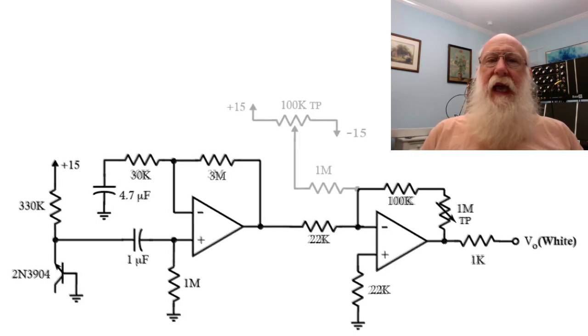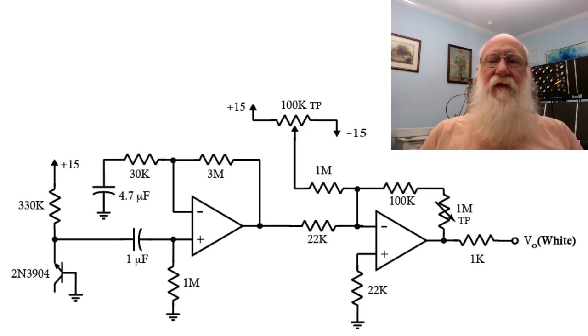So we can simply hang a trimmer from plus 15 to minus 15 and the wiper through a 1 meg into the summing node of the op amp, and that will allow us to trim that DC offset out. It's actually easier to trim this once you have the subsequent circuits where it gets amplified some more and it's easier to see. We'll talk about adjusting it when we talk more about the filtering later.